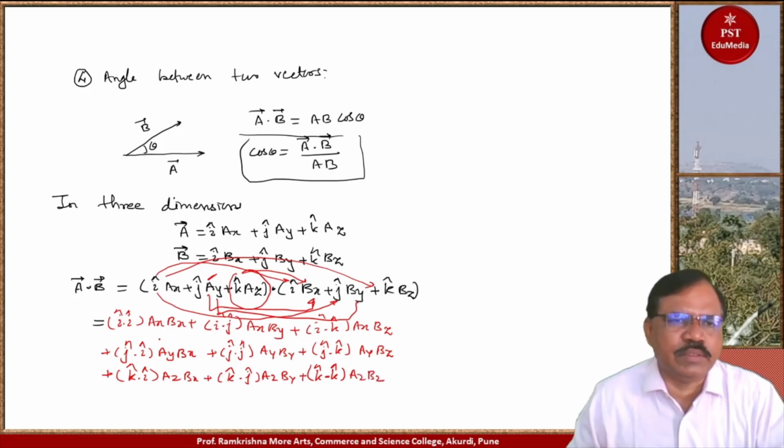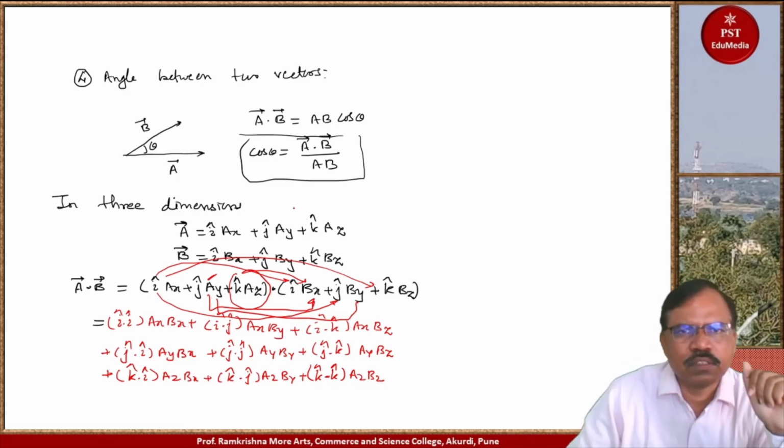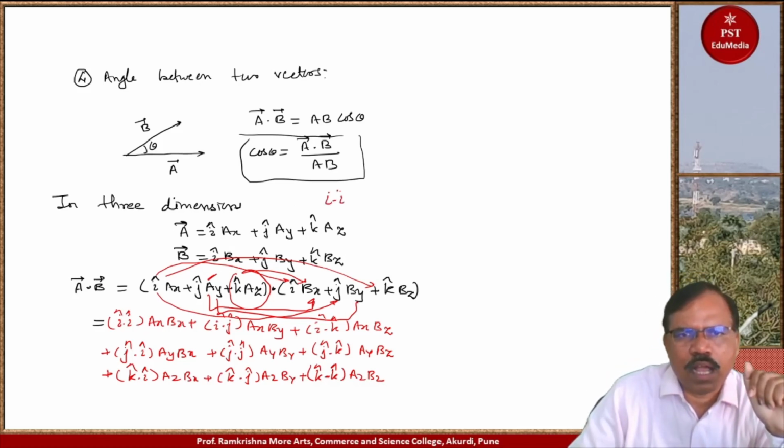And we have just seen I dot I is 1. So we have I dot I is equal to J dot J is equal to K dot K, all are equal to 1.